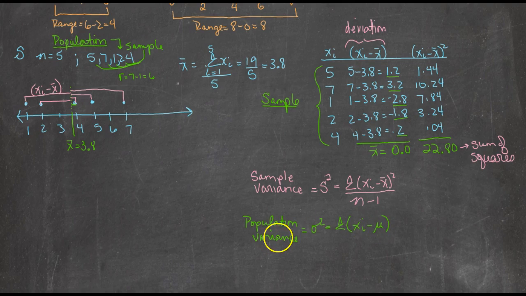So the mean for a population is mu, and for a sample, the symbol is X bar. They're still the averages. This is still the variance, but we just use a different symbol because we're talking about a population. And this time we're going to divide by all the elements in the population using a capital N.